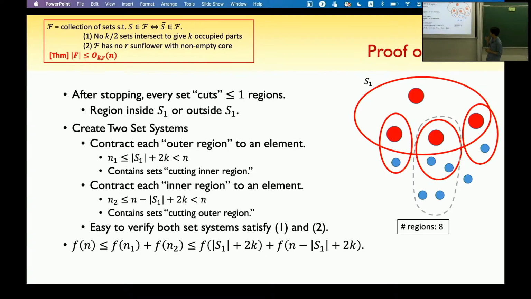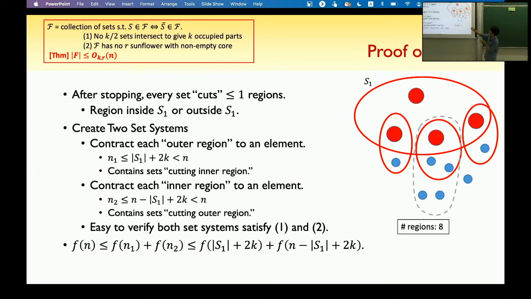One intuitive reason is that if you look at the two set systems that are created, the only reason that they may have a new forbidden substructure is simply because we contracted a region to an element. Generally, if you contract some elements into one element, then some sets that didn't intersect before may intersect.